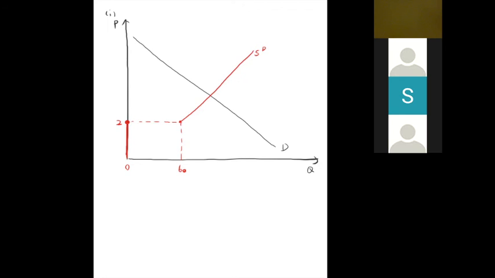Depict the domestic supply and demand curves, the world price. We know that the world price is actually 1. So I'll just use PW.